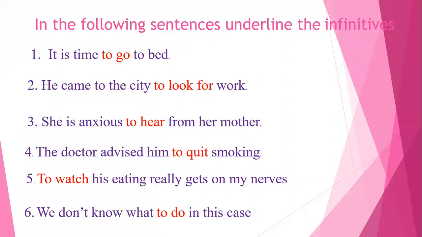The second sentence shows the purpose of action. In the third, we use it after adjective. In the fourth example, we use it after pronoun. In the fifth sentence, we use infinitive as a subject. And in the sixth sentence, we use infinitive after question word what.